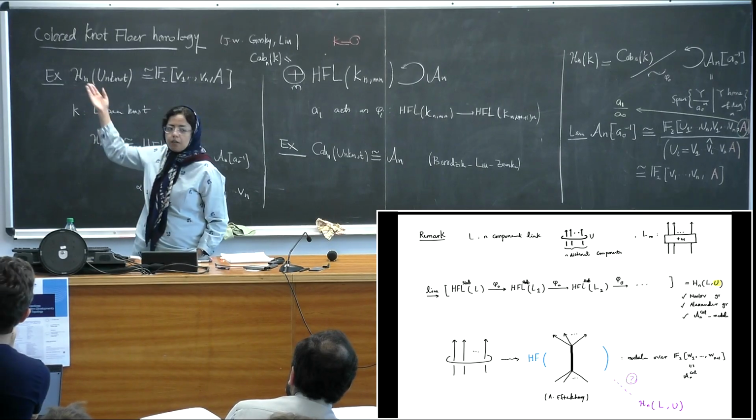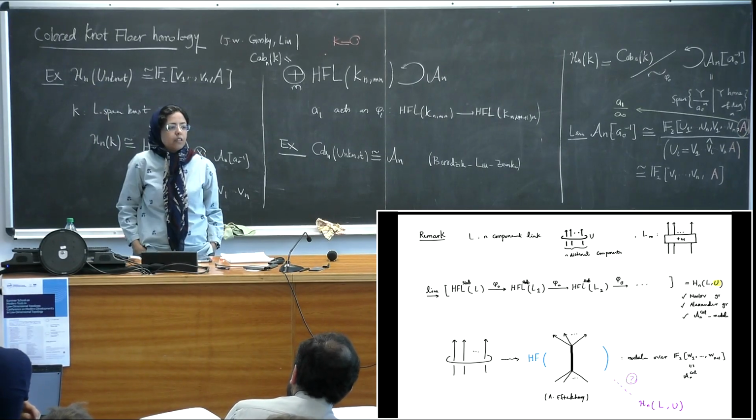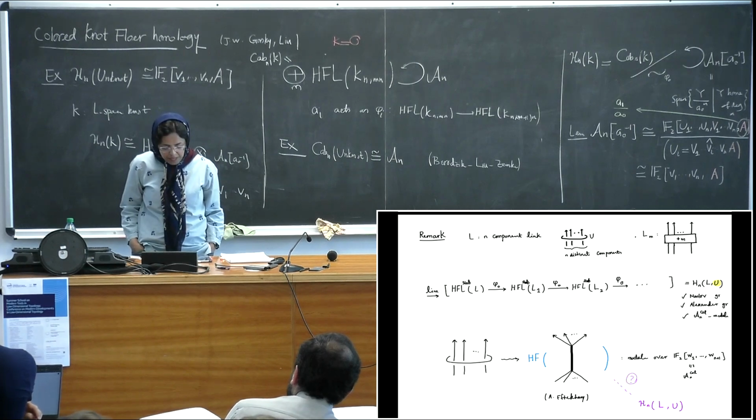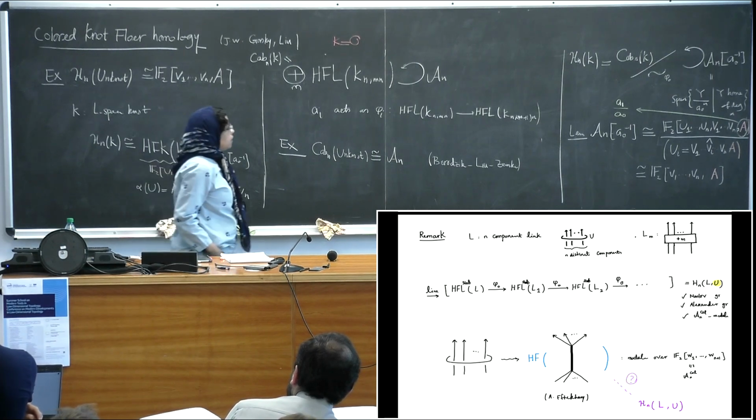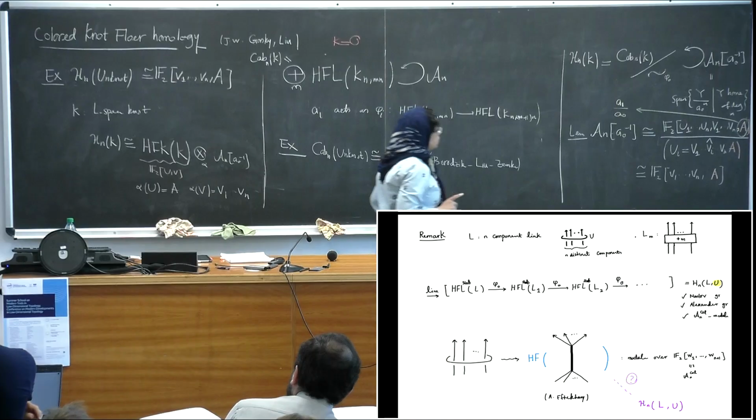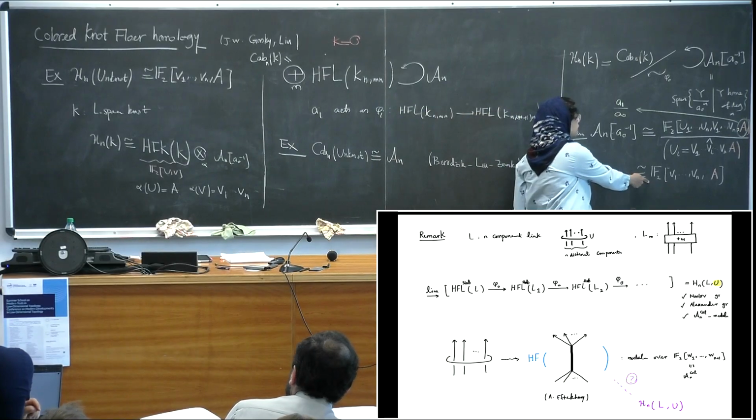can define something which depends on the link, the oriented link, and the disk. And it's going to be a module over, well, again, we're working in S3, so it's going to be a module over this ring.